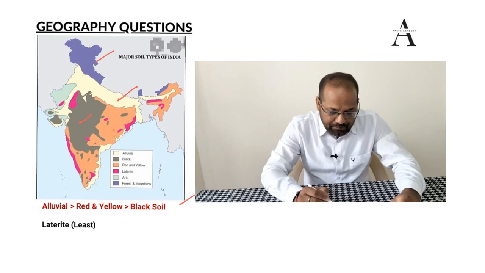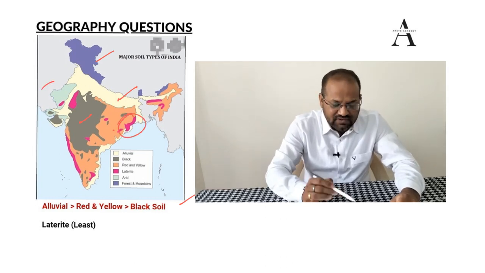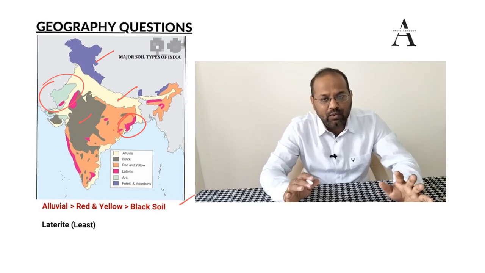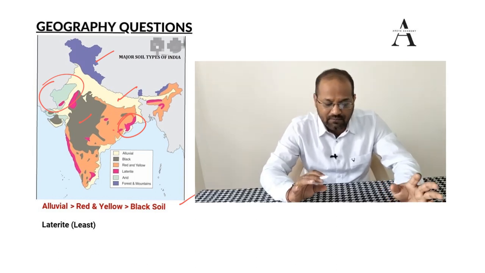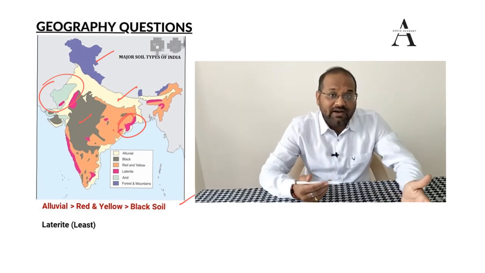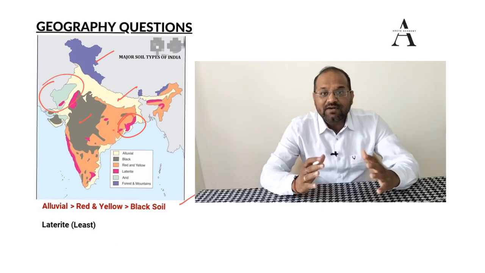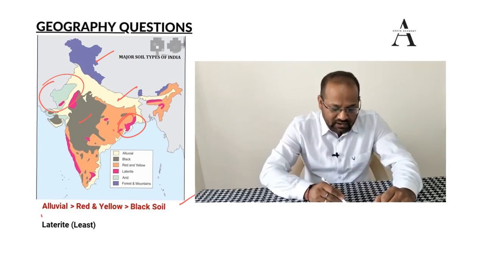This pink color is laterite soil, and then we have arid soil. So these are the major 7 to 8 types of soils found in India. UPSC has been asking, or might ask conceptually, which soil covers the maximum area according to area. Alluvial soil covers around 44%.